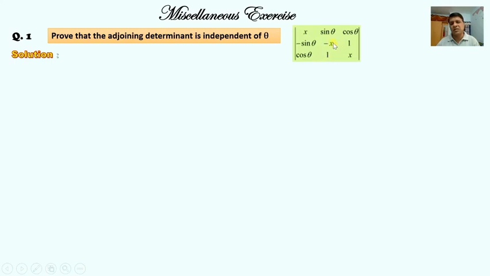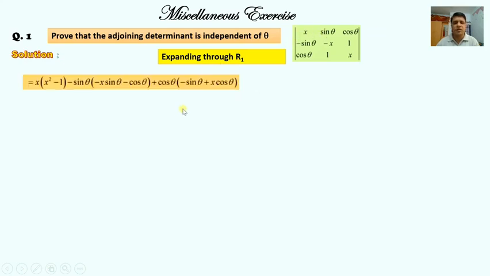Since all the columns and all the rows are different, addition of any two rows or columns doesn't make any sense. So we will expand it through R1. The first element is x, leaving its row and column, and we get x times minus x square minus 1 into 1, minus 1.